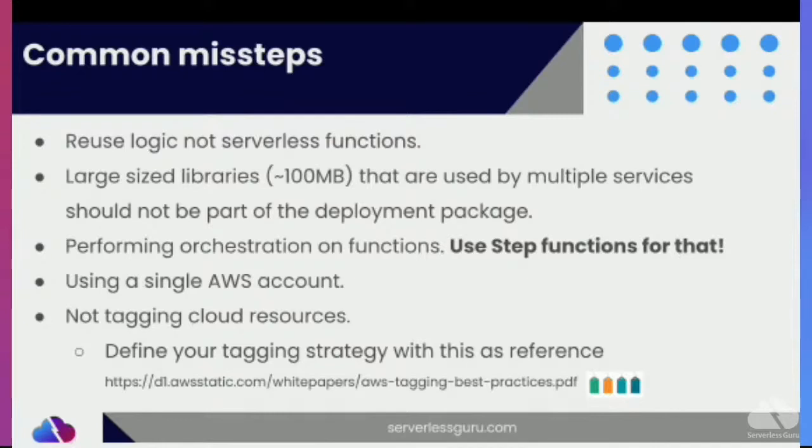So if you remember, we also spoke about synchronous functions in the previous slide. If you need some sort of orchestration where a function is waiting for something to happen before it can complete its execution, then what you ideally want to do is use Step Functions on AWS for that purpose.